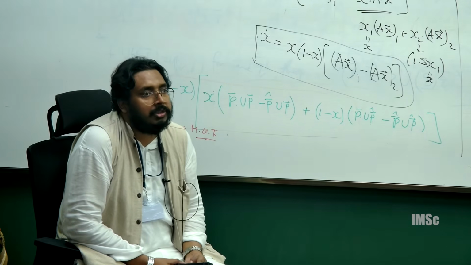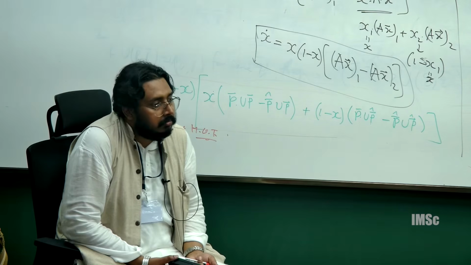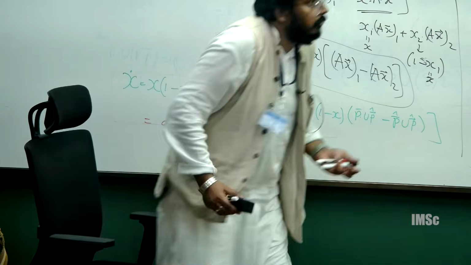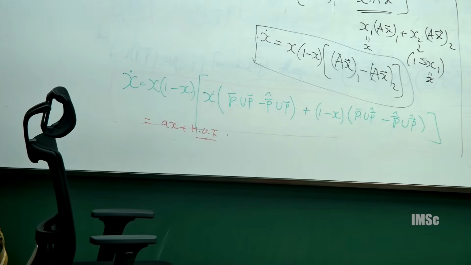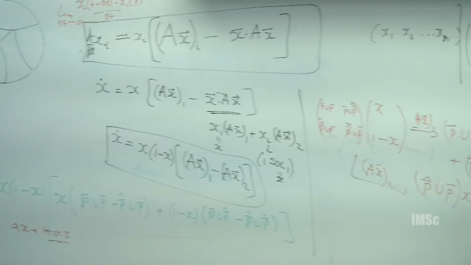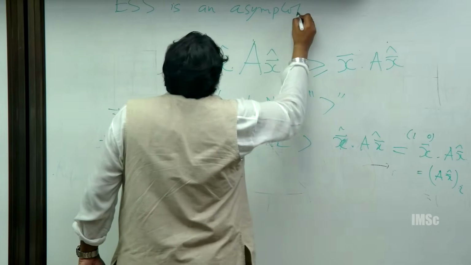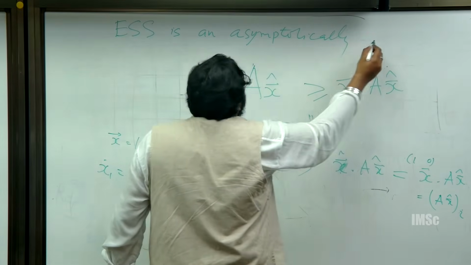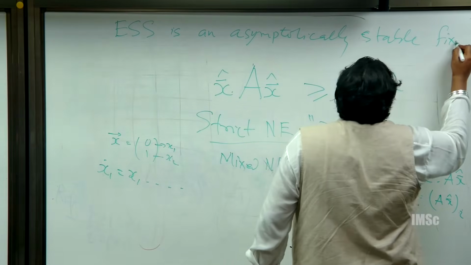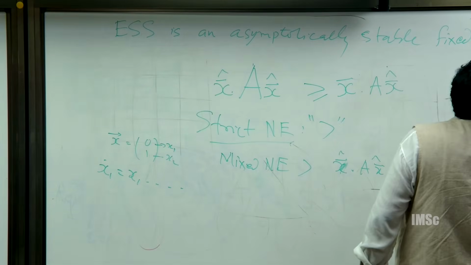Now, you are asking the question, do I go to ESS all the time? And that is what we are asking now. And the theorem which we now have to prove is that ESS is an asymptotically stable fixed point of the replicator equation.